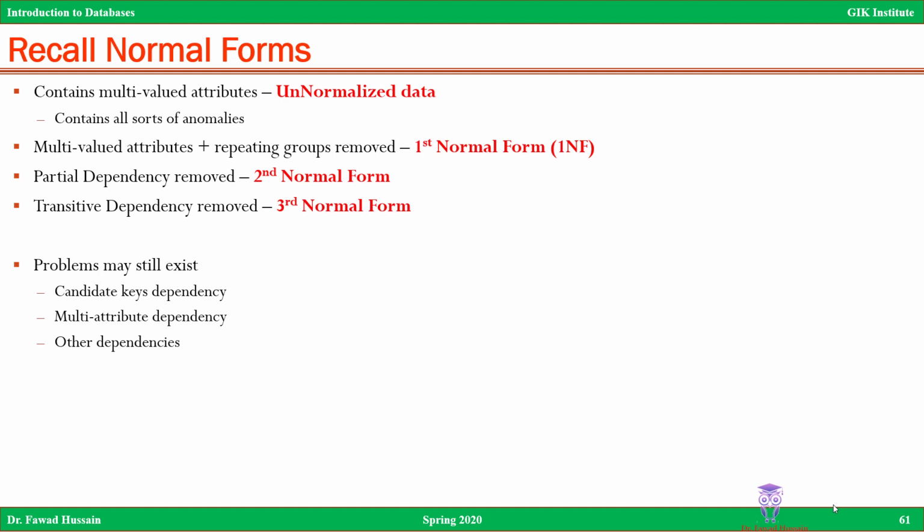So to deal with that, we go to the second normal form, and to go to the second normal form, you first have to be in the first normal form, and in addition to that, you are going to remove partial dependency. So a non-key attribute depending on a part of the primary key, that's a problem. If you can remove that, then you are in the second normal form.